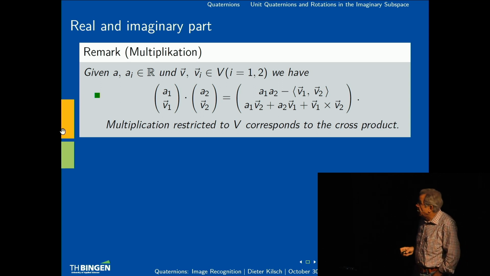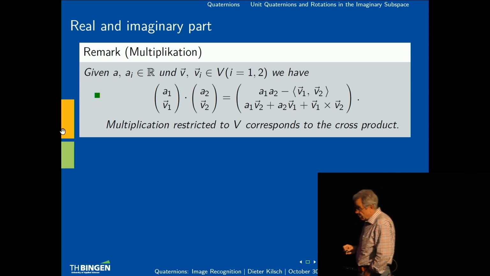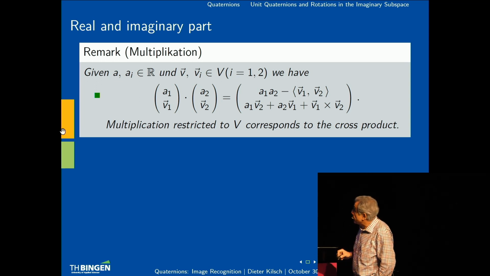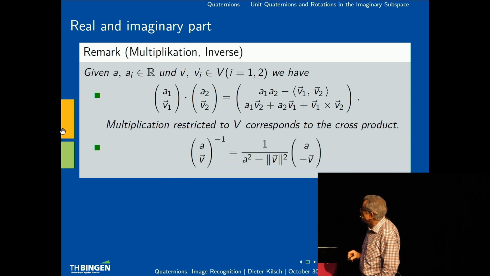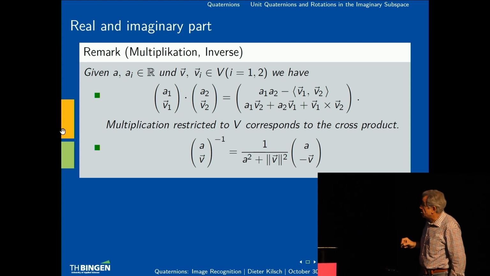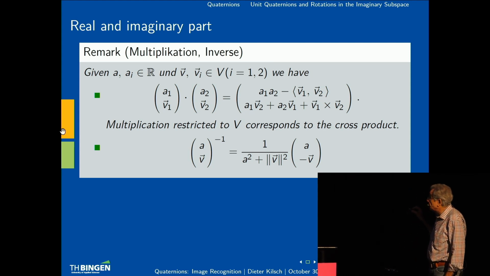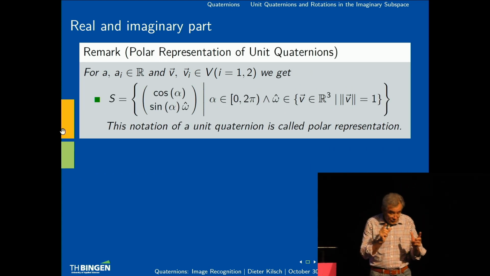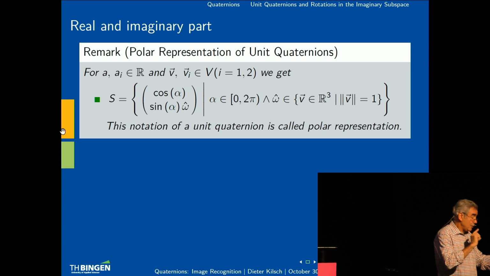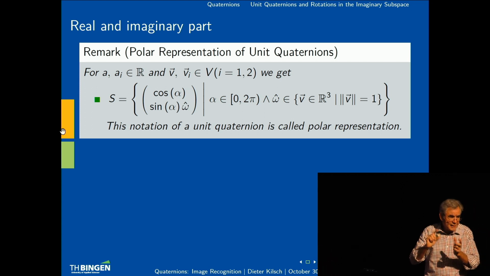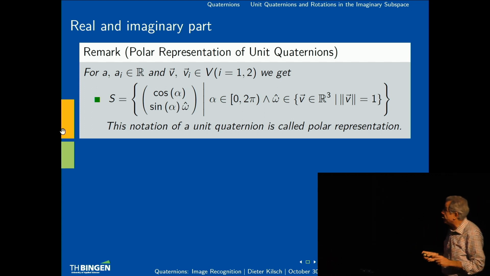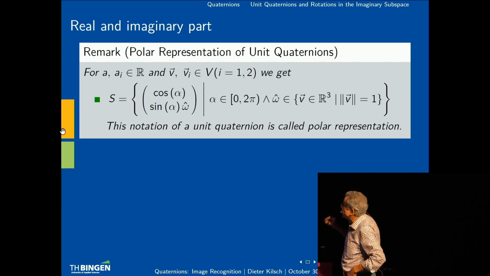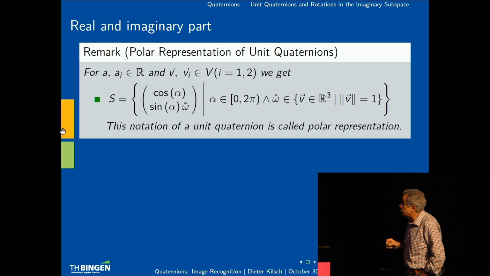And, well, I think it's not so surprising as I talked to you already earlier and showed you the correspondence to the cross product. And you find the inverse, which is nothing really surprising here. Now, if you think of cross products and rotations, you always think of an axis and a rotation angle, and the polar representation of unit quaternions really comes close to that.